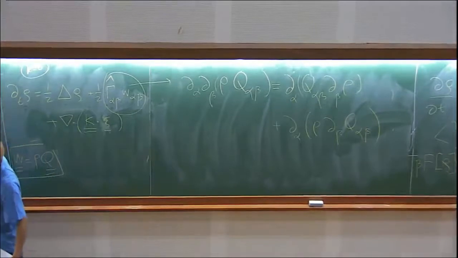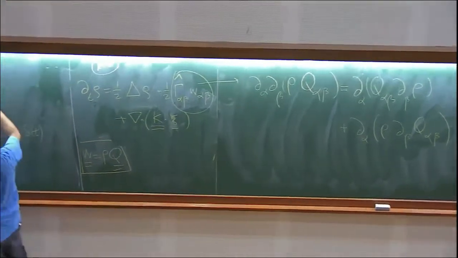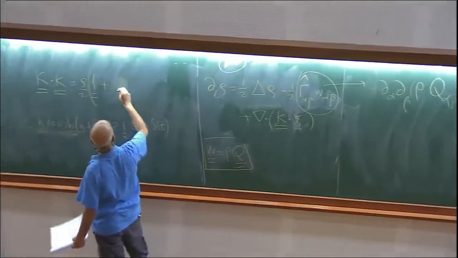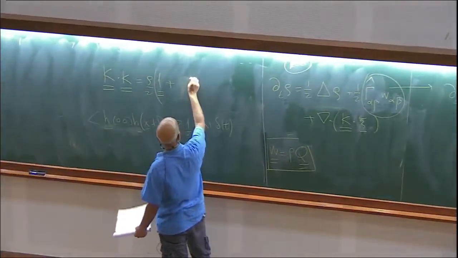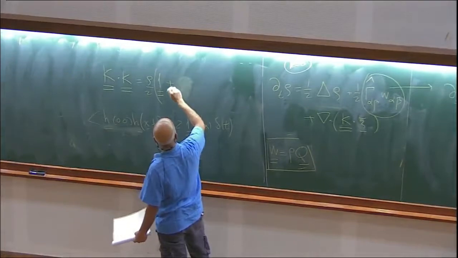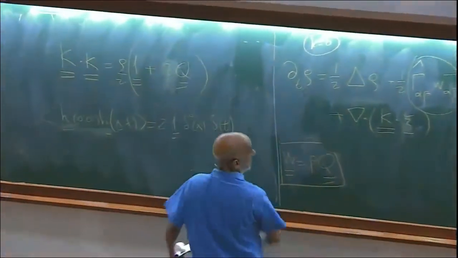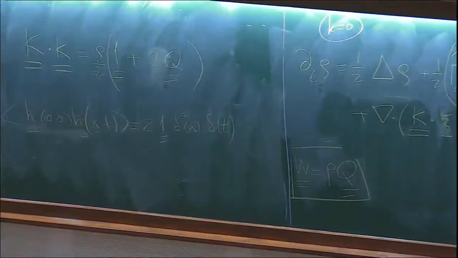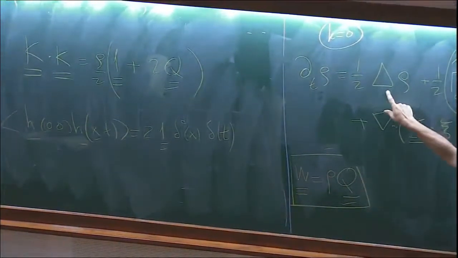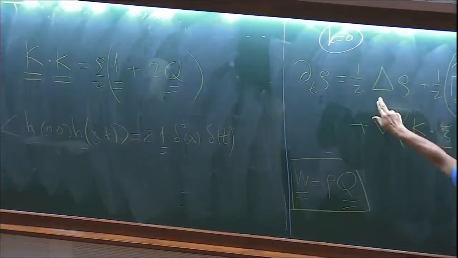This noise compensates in exactly the right way. I can rewrite this as rho times 1 plus 2Q. This plus this: remember, this is isotropic diffusion.